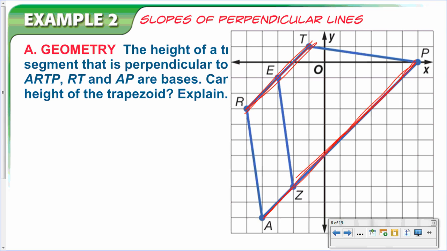So my height has to be perpendicular to the base. Everybody see that? Okay, it can't be EZ here because it's not perpendicular to the base. You guys with me?